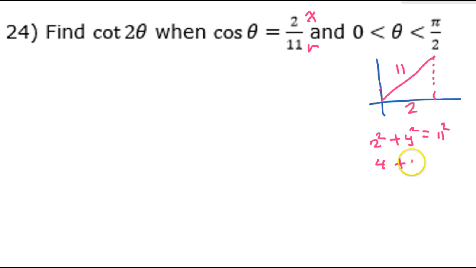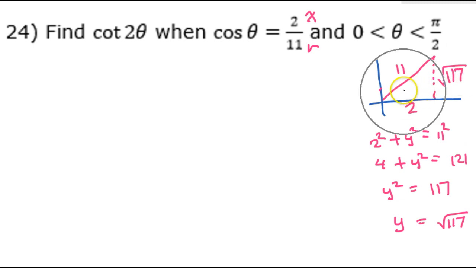That's 4 plus y squared is equal to 121. So that's subtracting 4 from both sides. We're going to have y squared is equal to 117. So y is going to equal the square root of 117. Okay, so this is going to be the square root of 117. Alright, so this is theta over here.